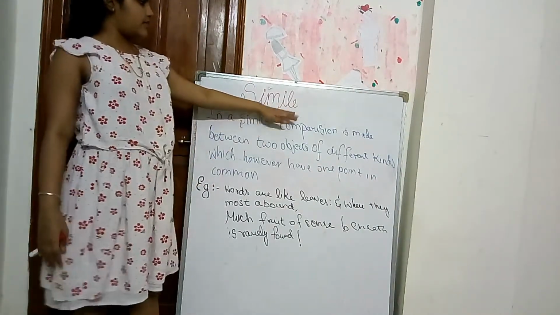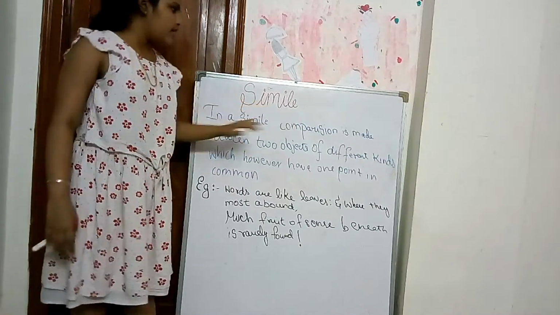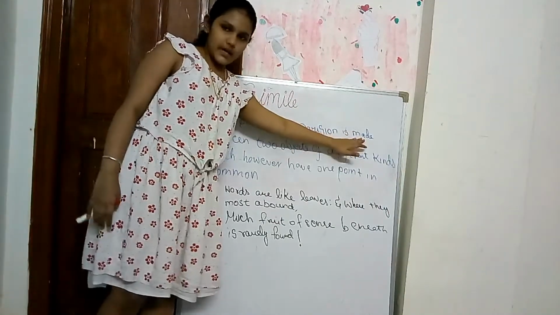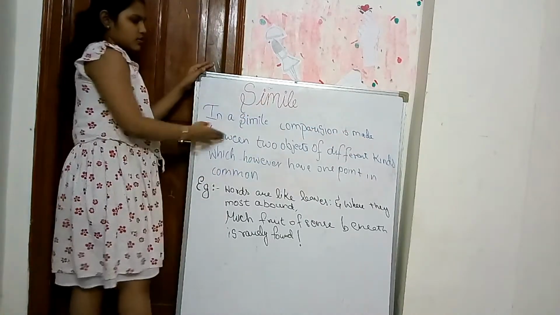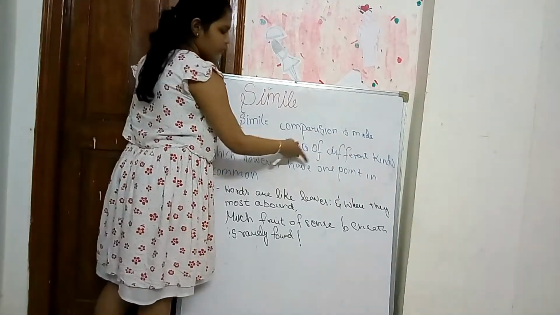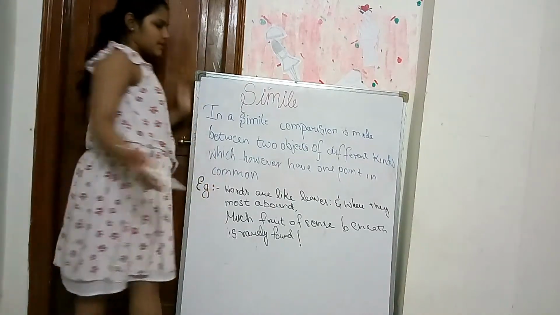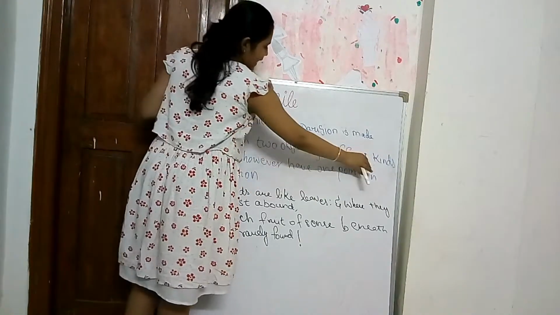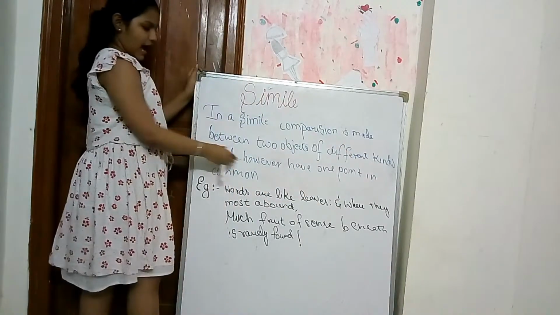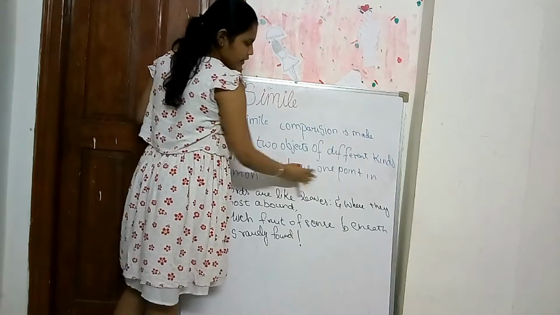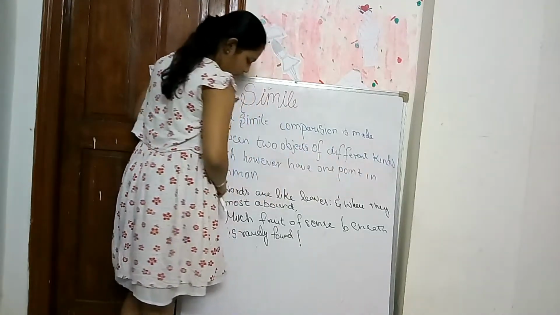So guys, here we have simile. In a simile, comparison is made between two objects, two words, or two people of different kinds, which however have one point in common.